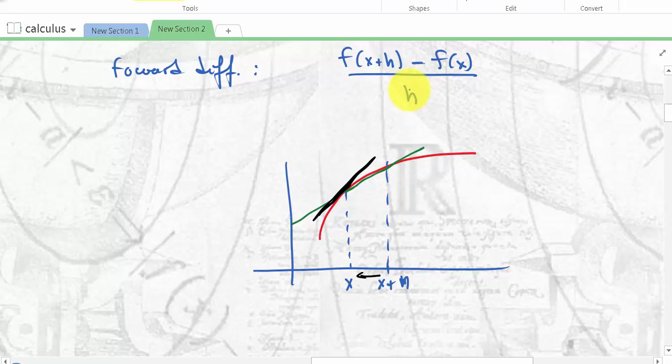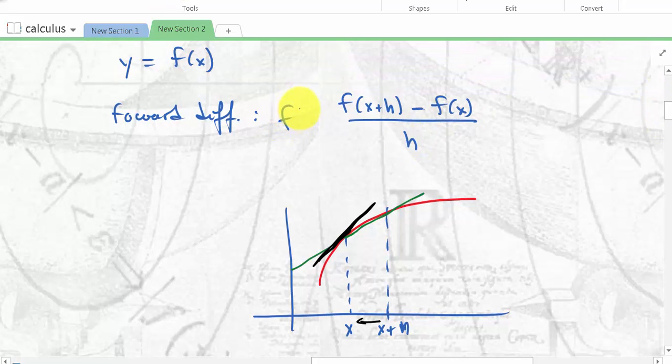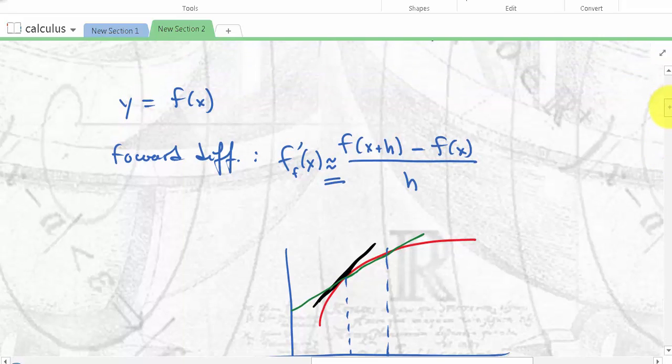You remember that? So for small enough h, this forward difference is about the derivative of the function at x. I sometimes use a subscript f for the forward difference. It's an approximation, it's not equal.